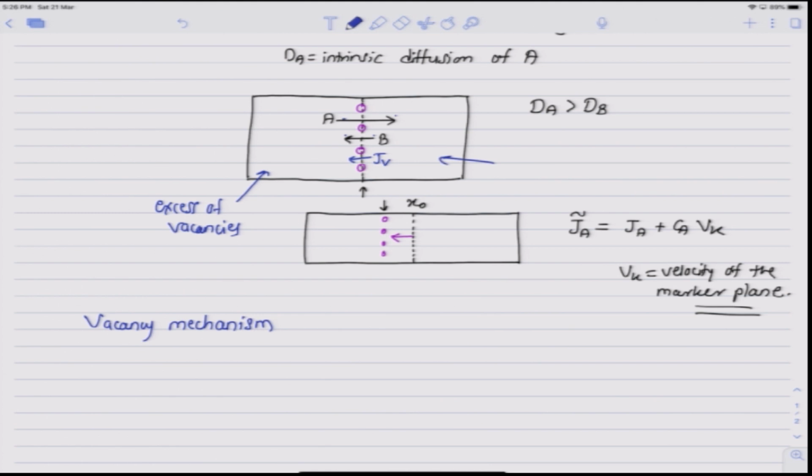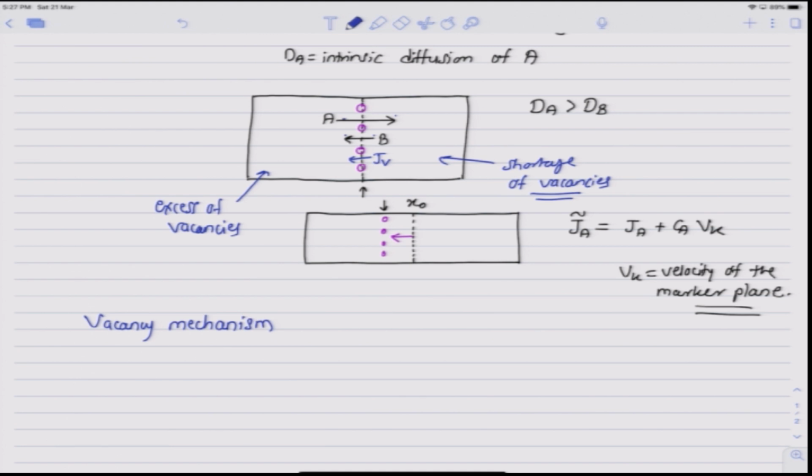whereas vacancies will be in short supply on the right side of the alloys. This excess and shortage I am talking with respect to the equilibrium concentrations of vacancies.